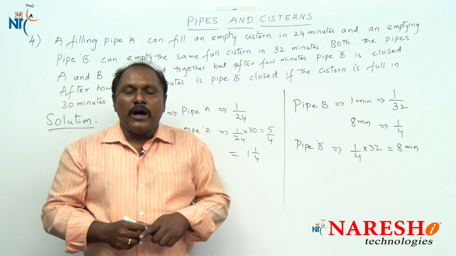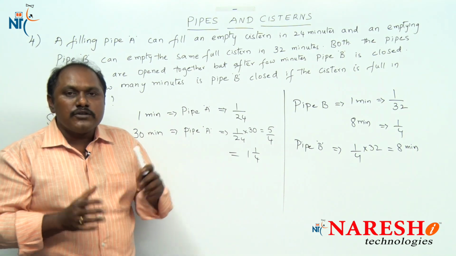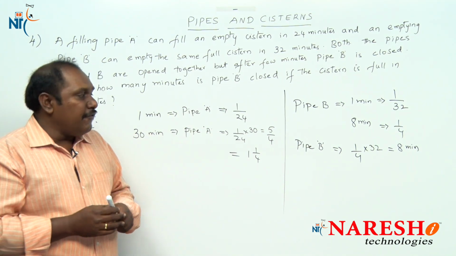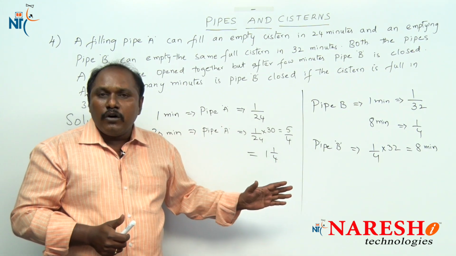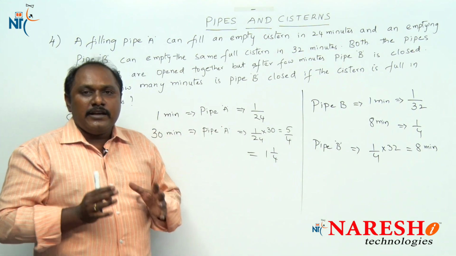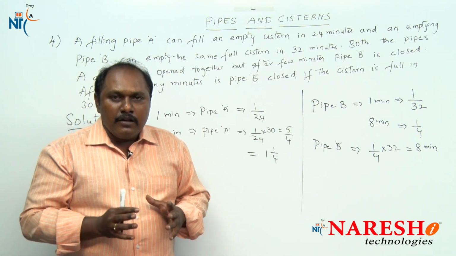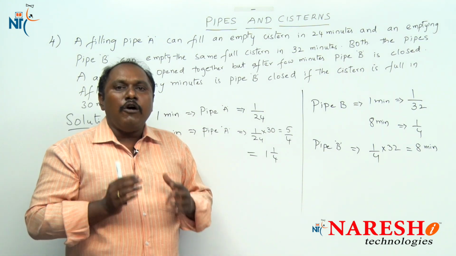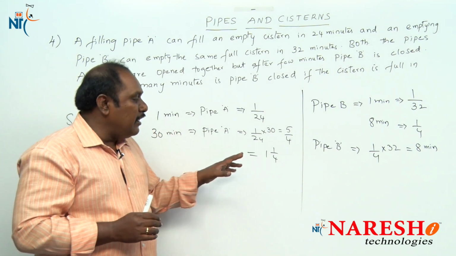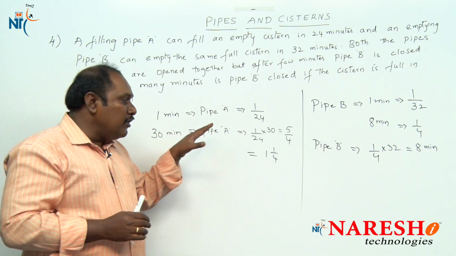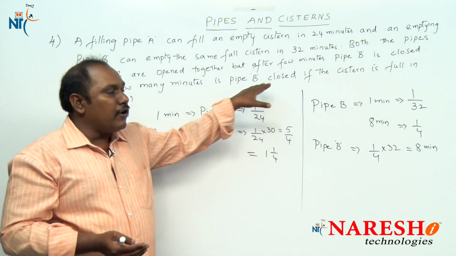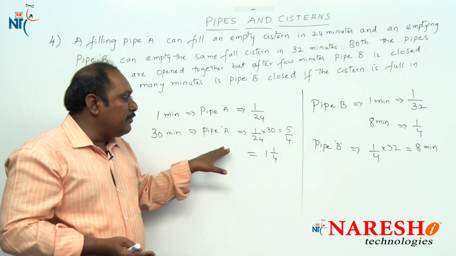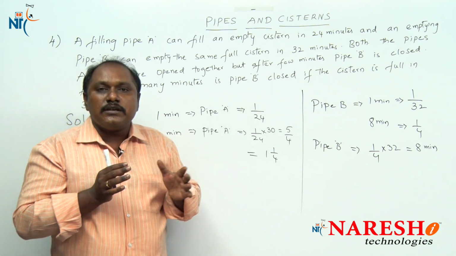Now this is one way of thinking to solve the problem. That is, if you want the information about pipe B, first of all you must know how much part of the cistern is emptied by pipe B. For that you must know how much part of the cistern is filled by pipe A. If you look into the solution once again, pipe A is opened for all 30 minutes. In that 30 minutes it fills 1 and 1/4 parts.